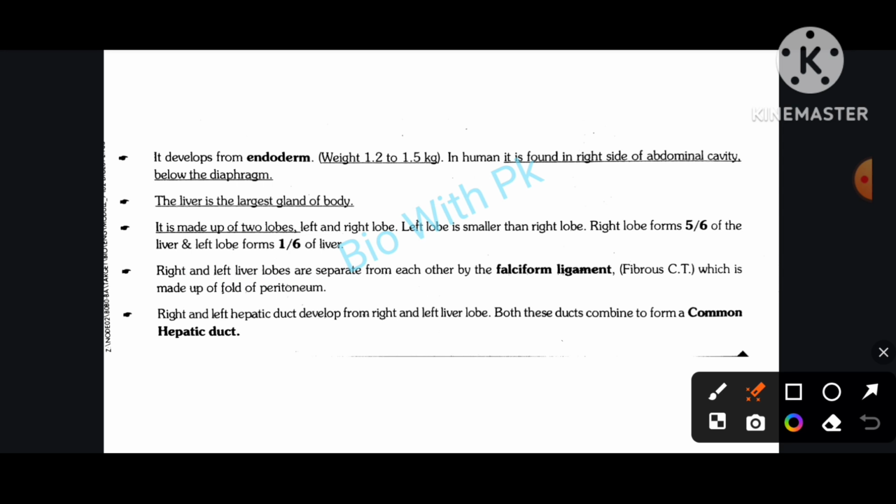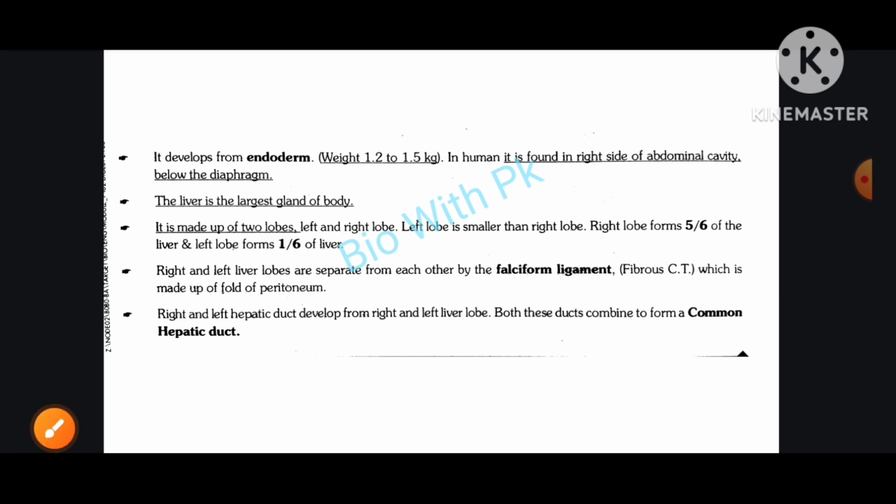The right and left liver lobes are separated from each other by the falciform ligament, fibrous connective tissue made up of a fold of peritoneum. Right and left hepatic ducts develop from the right and left liver lobes. Both these ducts combine to form a common hepatic duct.